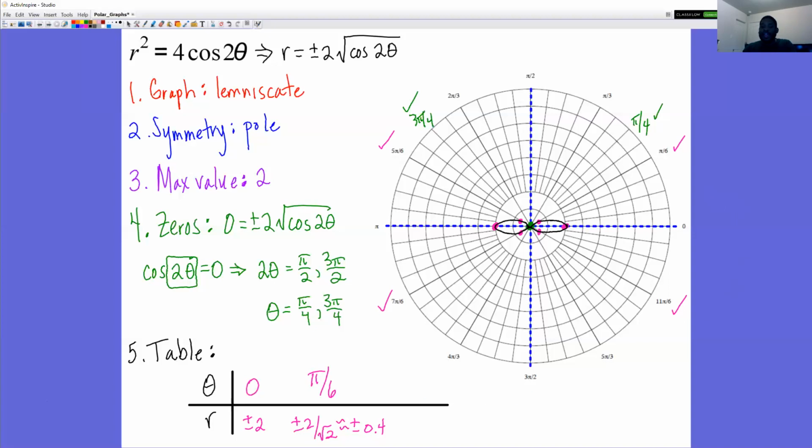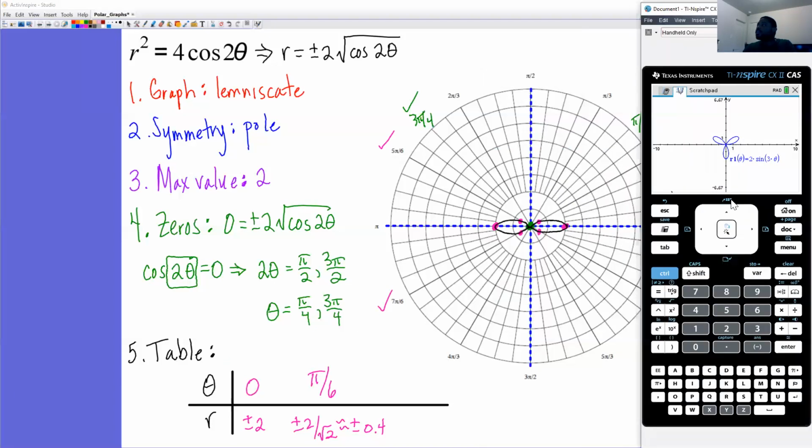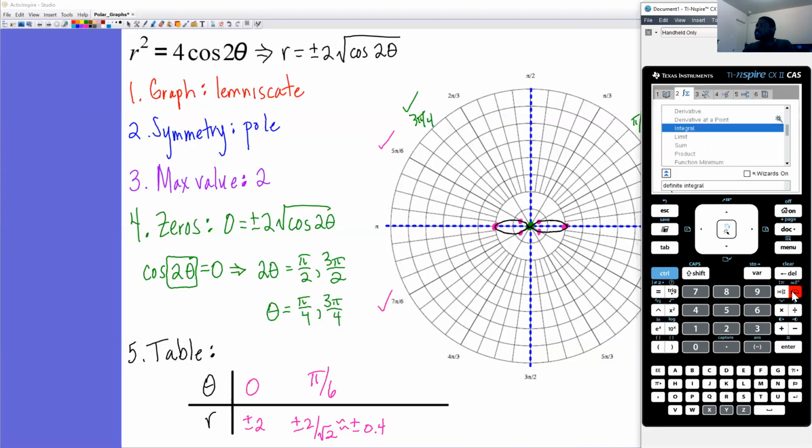Now let's go ahead and put this in the calculator and see how well we did. So here you want to type in, I think we can do the plus or minus here, if it'll allow us. Let me go to the book and see if I can find it. We don't have that here. Yes, we do actually have it there.